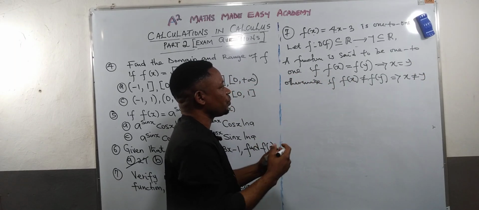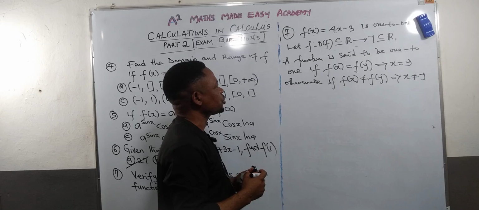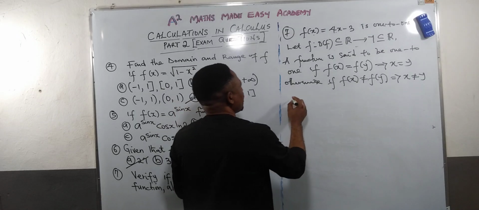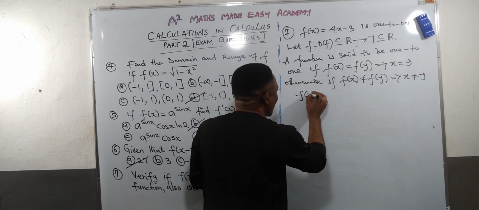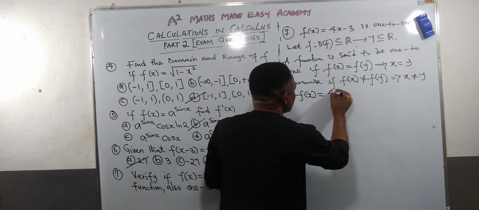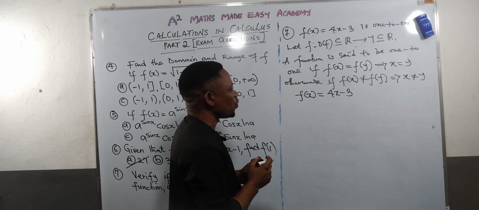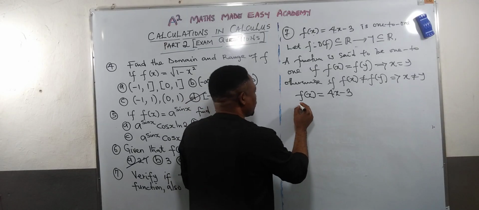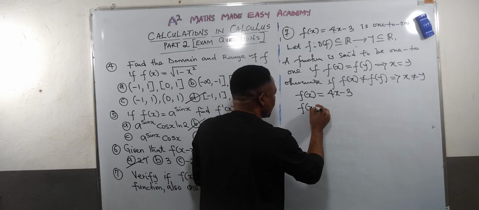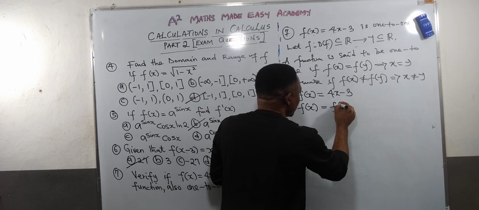This is the definition of a one-to-one function. Now let us verify it. Remember, we are to verify that f of x equal to 4x minus 3 is a one-to-one function. The characteristic of a one-to-one function is that f of x is equal to f of y.